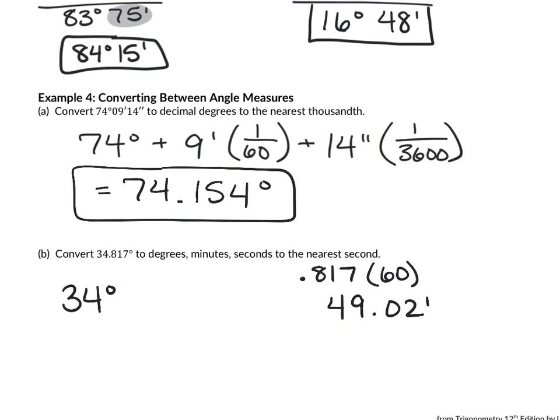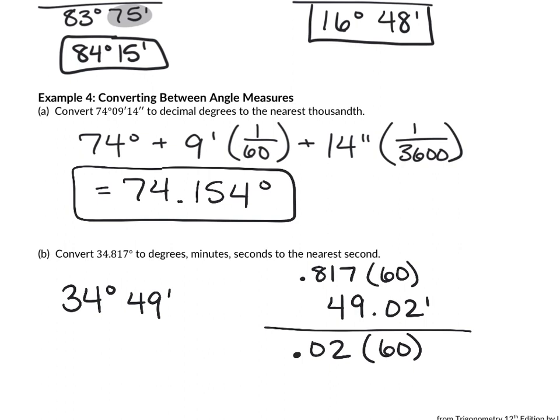Fabulous. Take the whole number out of this, the 49, and count that as your minutes. We then need to take the decimals and figure out what that is in seconds. So like, I'm just going to put this bar to show this is something else to my brain. I'm going to take the 0.02 and multiply it, this time only by 60, not by 3,600. The reason it's only multiplied by 60 is we're going from minutes to seconds instead of degrees to seconds.